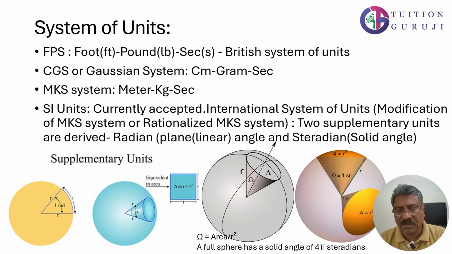When the full angle is 4 pi, then 4 pi is equal to area by r square. That means the surface area of the sphere is equal to 4 pi into r square. When you take the full angle, 4 pi steradian, you have to consider the full surface area of the sphere. Then surface area of the sphere by r square, that means 4 pi r square is the surface area of the sphere.